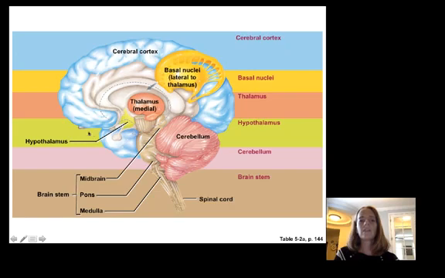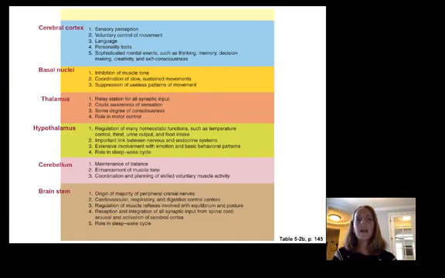And then the largest region of the brain, the part that gets the most press because it's the conscious part of the brain that we have awareness of, is the cerebral cortex. I'm going to leave this here for you as a summary figure that summarizes the major functions of each of these regions of the brain. This is from your textbook, Table 5.2, page 145.